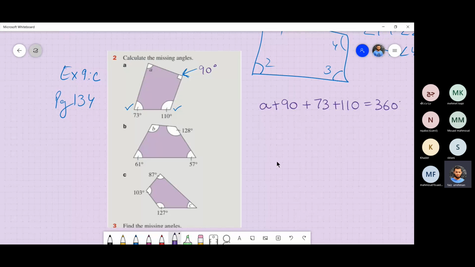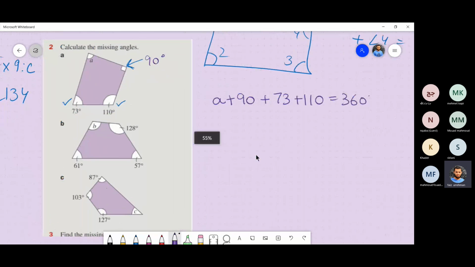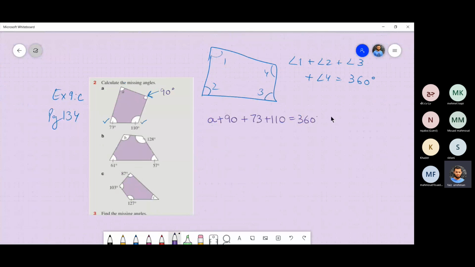So A plus 90 plus 73 plus 110 should give me 360. And the reason? Angles in a quadrilateral. Okay, but first, are you writing this one? Yes, mister. I show you. Okay, second one you can answer, no problem. But first, let me finish this.